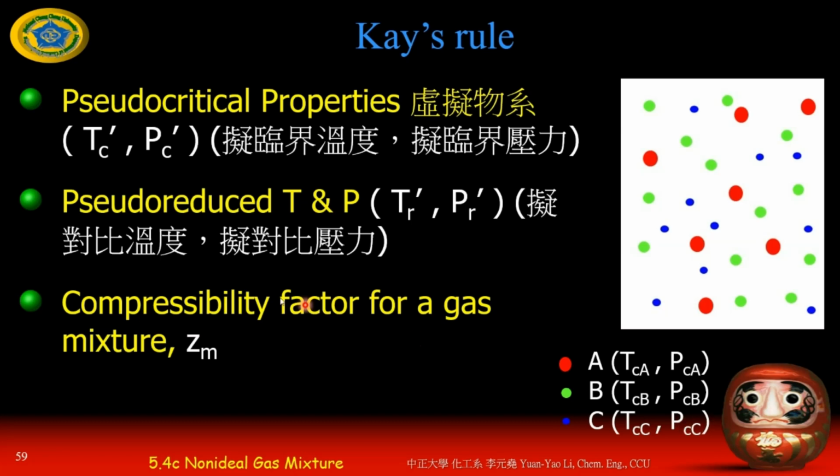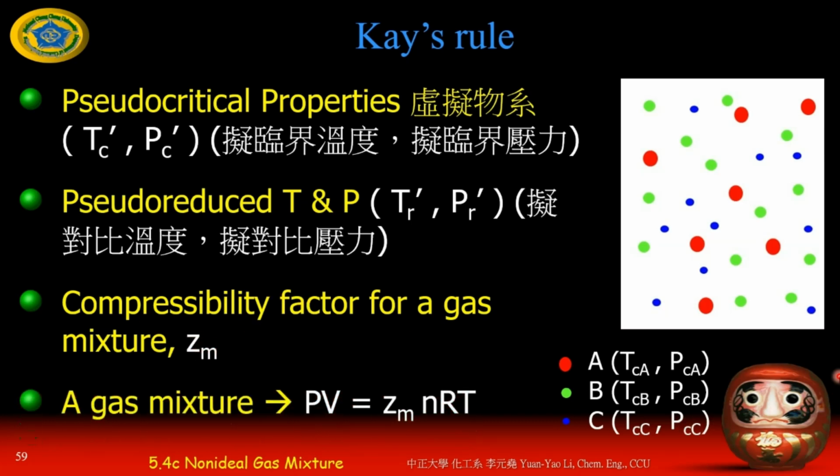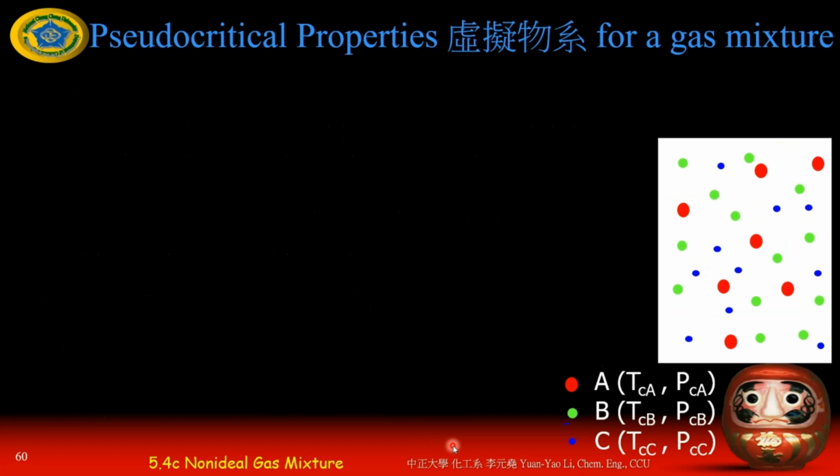Okay, M stands for mixture. Right, so how can we do that? So for a gas mixture, PV equal to Zm nRT. Okay, this M is for mixture. So let me show you how to do it.